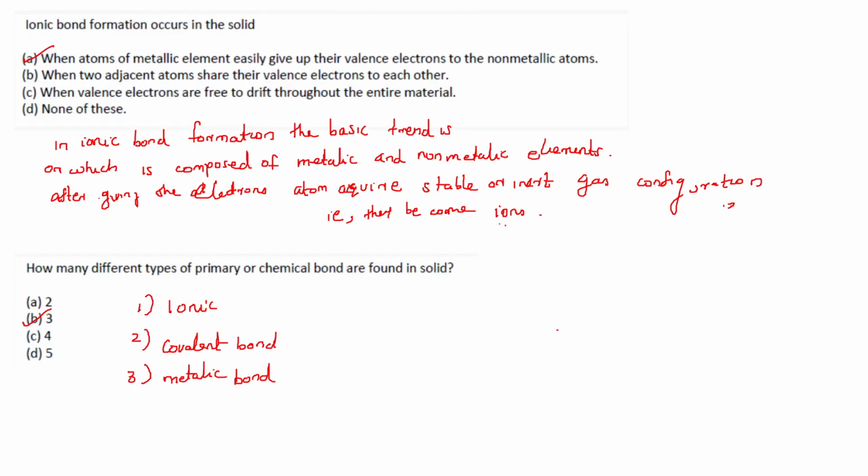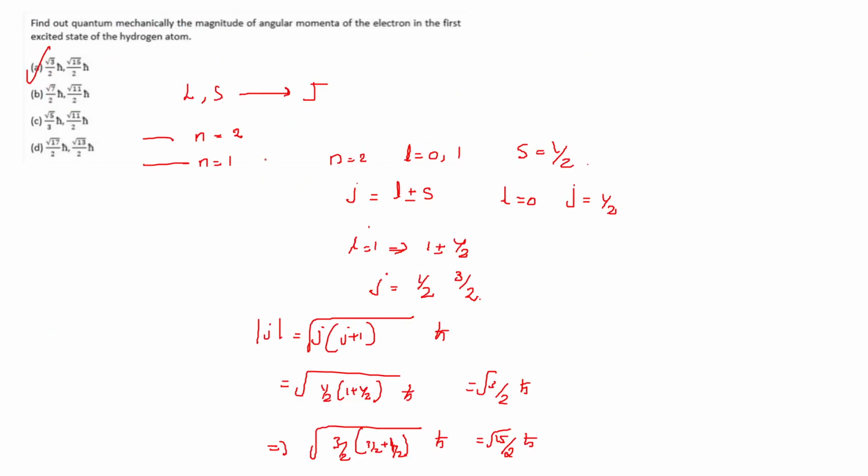And this is a basic bonding question. There are some few basic questions related to bonding, regarding ionic bonding, covalent bonding, what will be the weakest bond, how the bond happens, what is the primary or chemical bond, what is the secondary bond. All these kinds of questions we have discussed today.